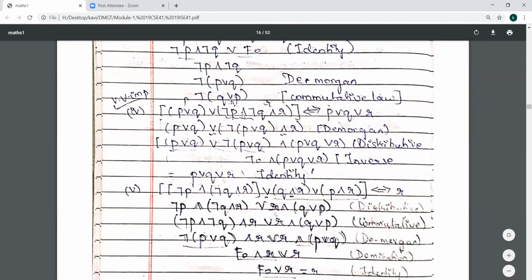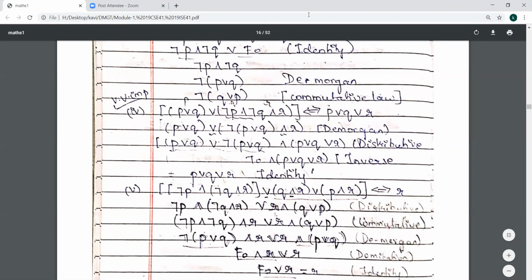So negation P and negation Q is negation of P or Q. Then and R will come as it is. So starting from the left side, I applied De Morgan's law for this term negation P and negation Q. I got this term. Next step, you need to use distributive law.